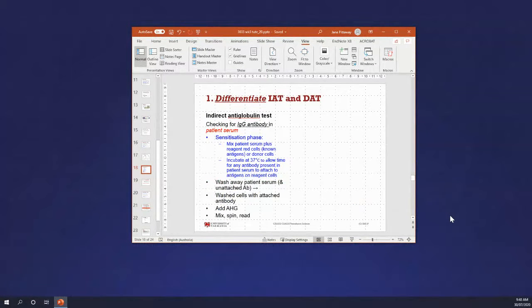Yeah, not adding reagents in the sensitization phase. So what could we do in the sensitization phase?